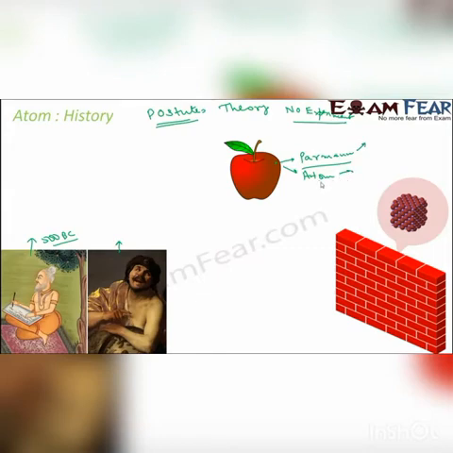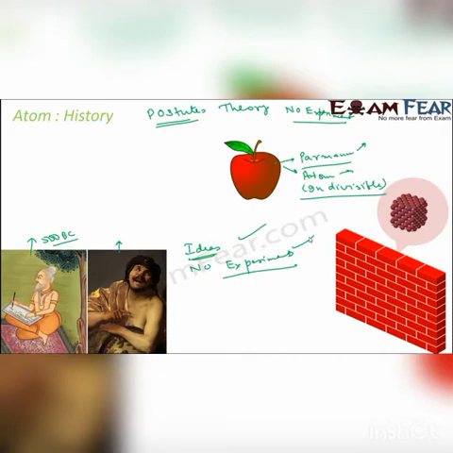The word atom came from the Greek word meaning indivisible. A is 'in' and tomos is 'divisible'. Atom, indivisible. Please note they are all based on philosophical consideration. There was no experiment done to validate these ideas. These were just ideas. Right? There were no experiments. Let me reiterate this. There were no experiments. These were all philosophy by Maharishis and Greek philosophers.